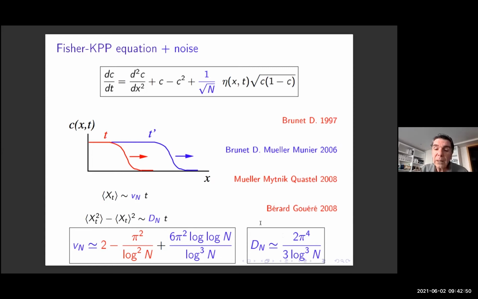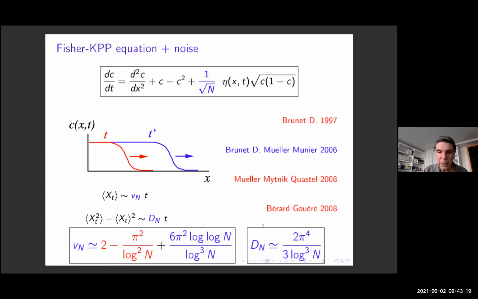As far as I know, so far only the velocity has been understood from a mathematical point of view, as was mentioned by Leonid in the previous talk. But the diffusion constant is not yet known, it has been open for a long time, and it would be very interesting to say something about the fluctuations.